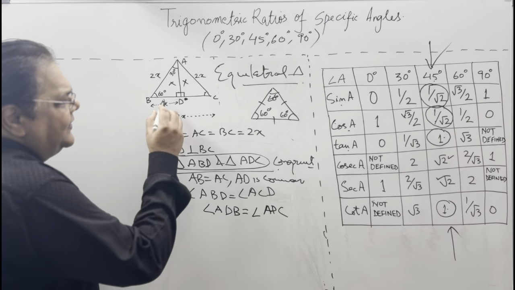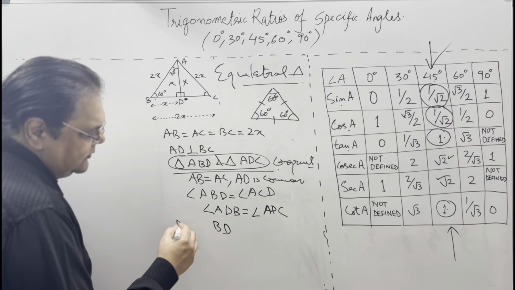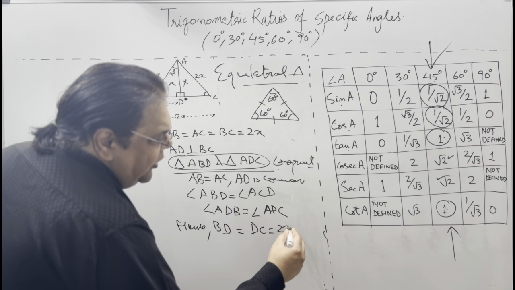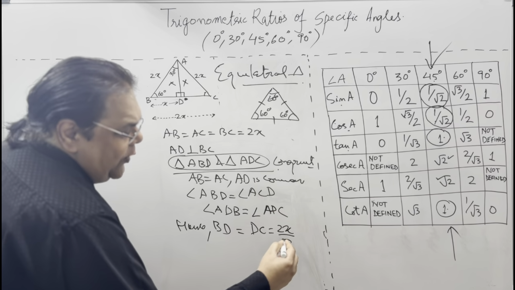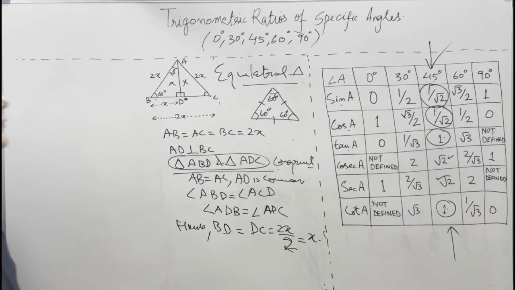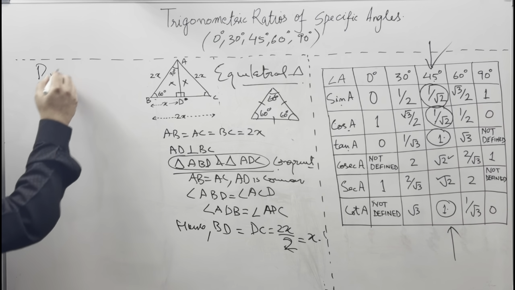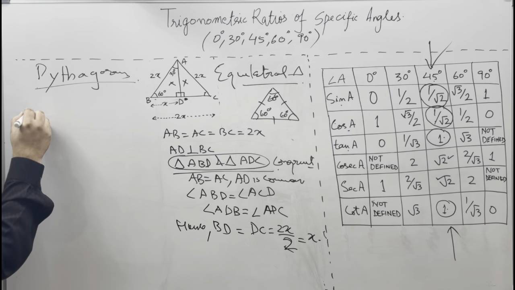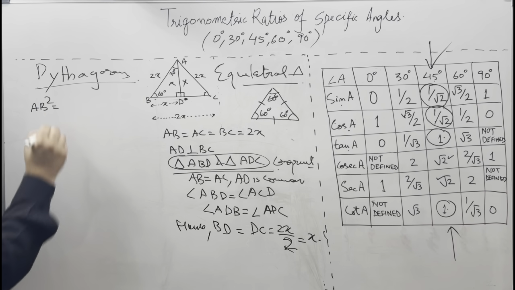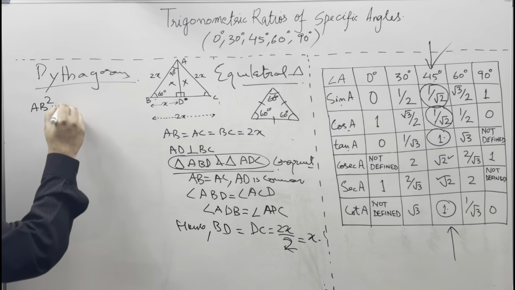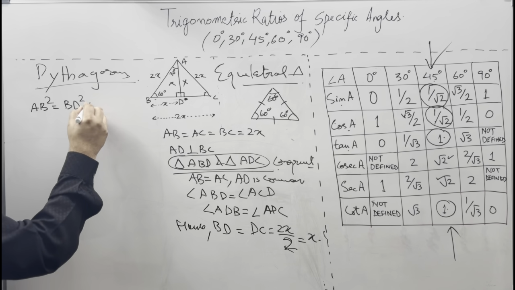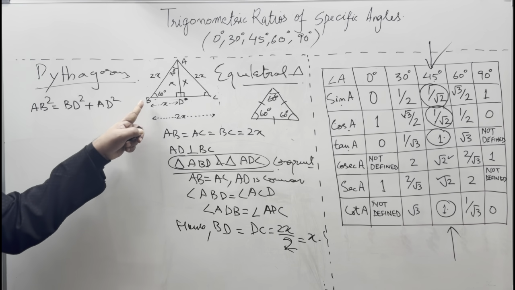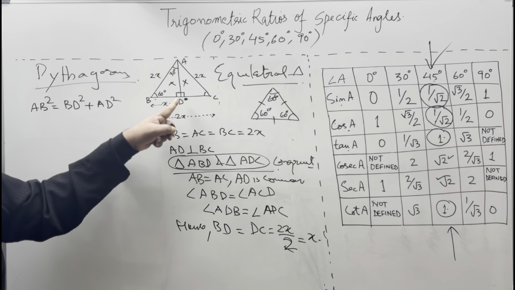So we can consider BD is equal to DC, which is equal to half of BC, that is 2x by 2, which is equal to x. Using the Pythagoras theorem, AB square is equal to BD square plus AD square.